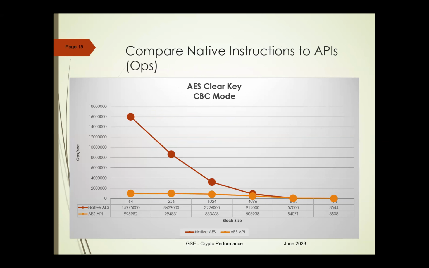On slide 15, this is comparing the native instructions to APIs. So once again, what we're comparing here is an AES clear key operation using the KM instruction on the CPAC-F hardware, against using the ICSF APIs that will in turn invoke that same KM instruction.